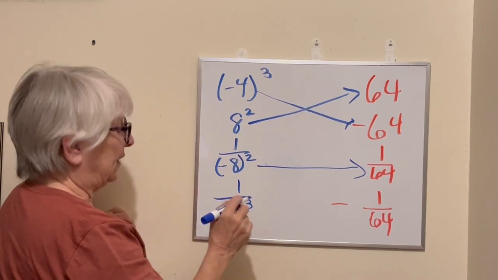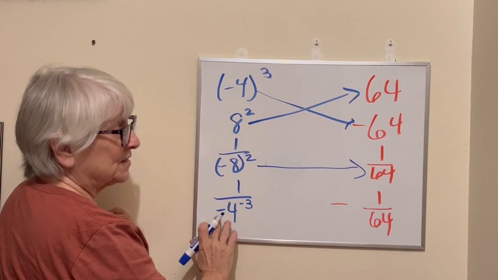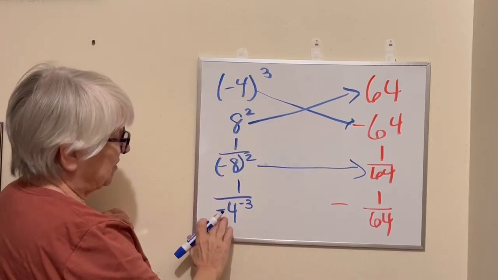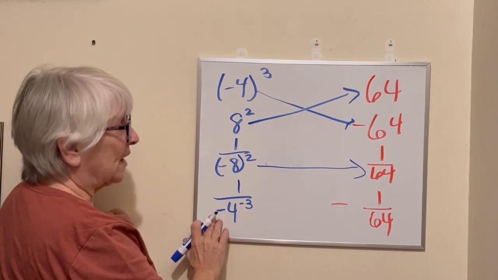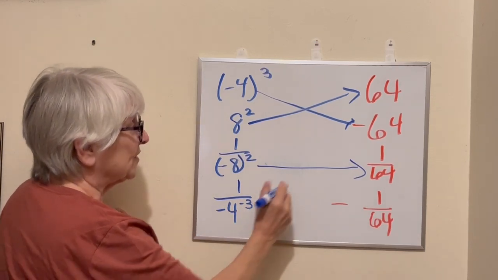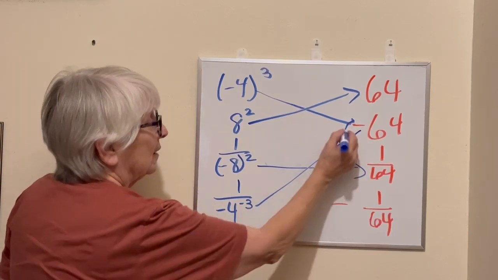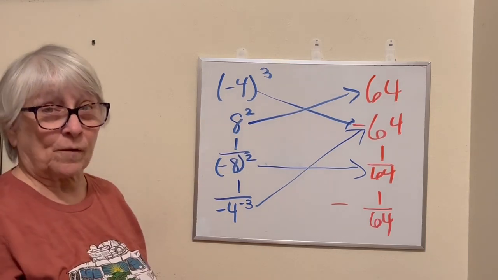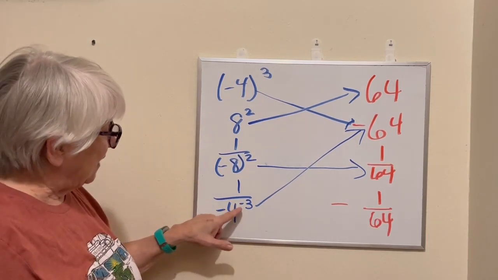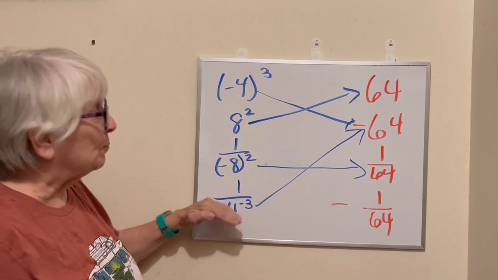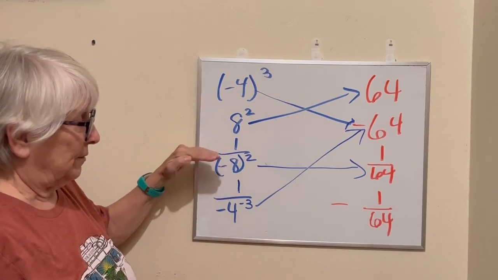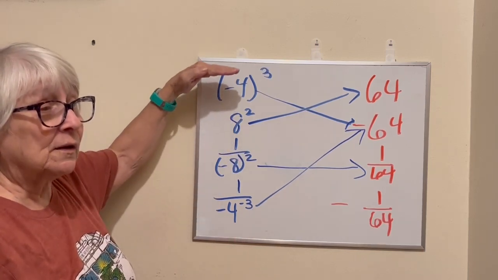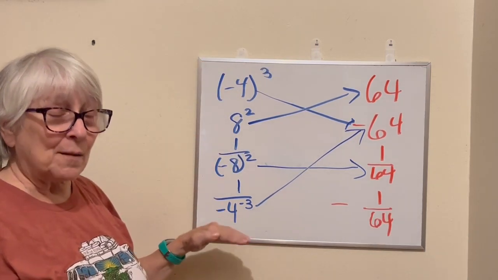Well, we know that it's negative 64 because we did that. This is not in parentheses, but that negative sign is still going to stay. So the answer to this one is negative 64. That negative sign in the exponent brings it to the numerator because it's currently in the denominator. A negative sign in the numerator brings it to the denominator.